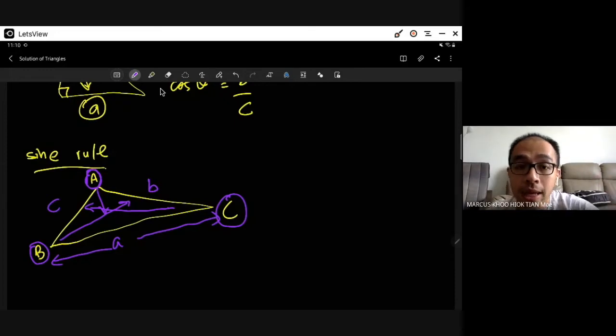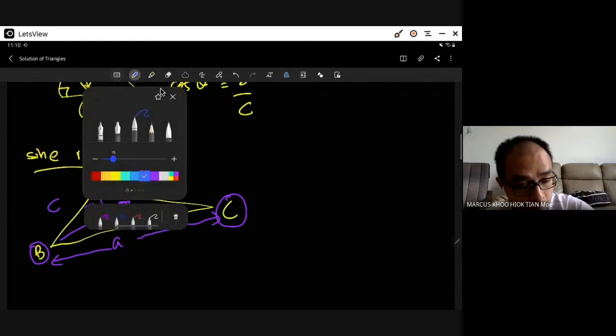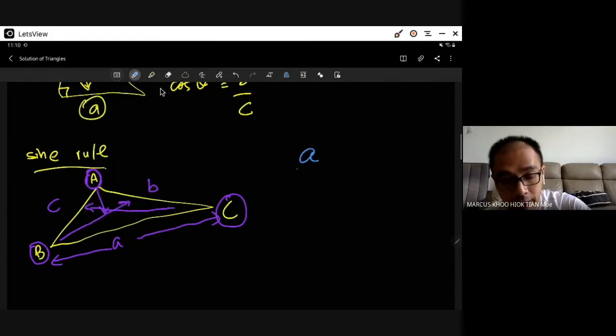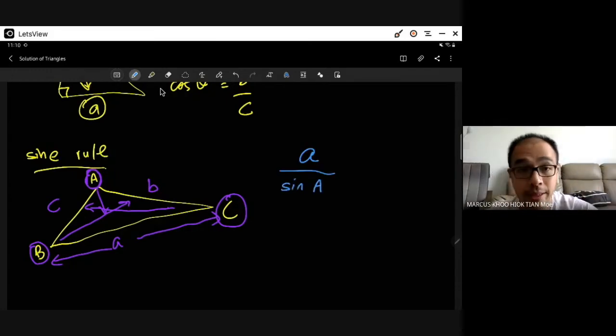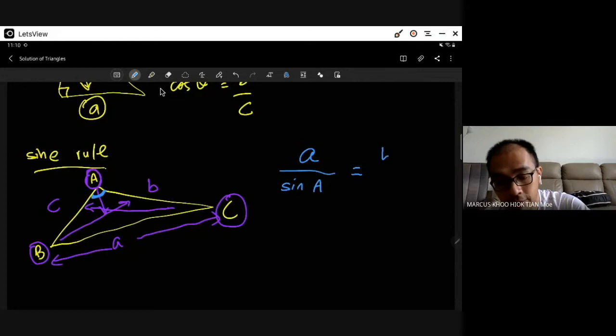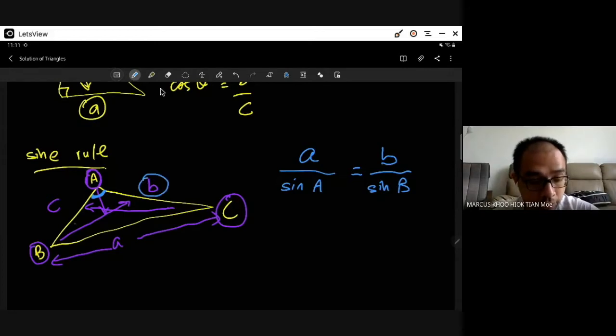And so the sine rule tells us that the length of A divided by the sine of angle A, this angle over here, equals the length of B over sine B, the length of B divided by its own angle.